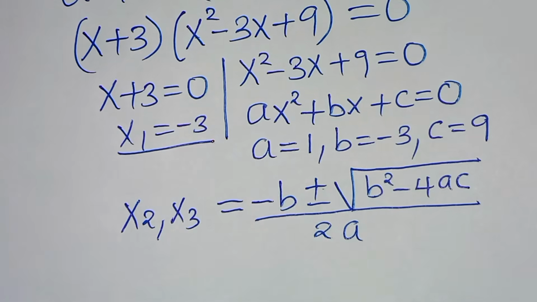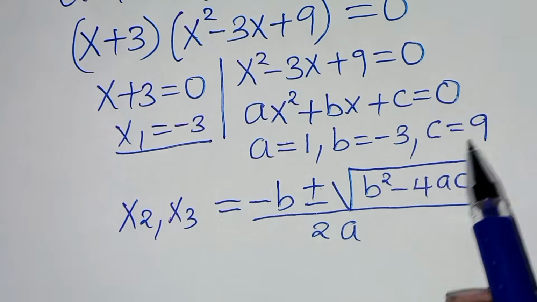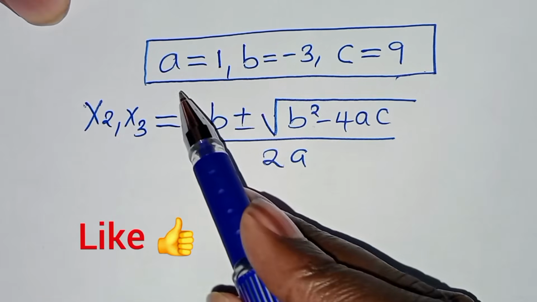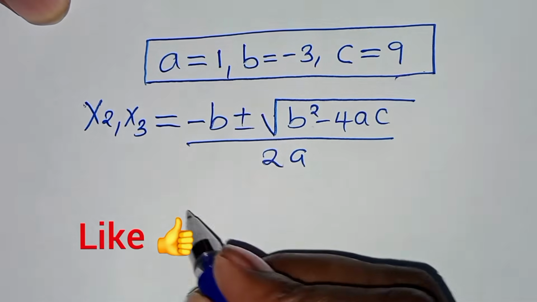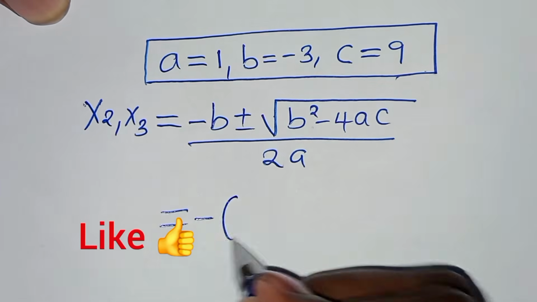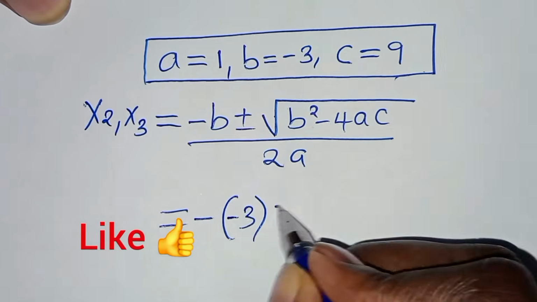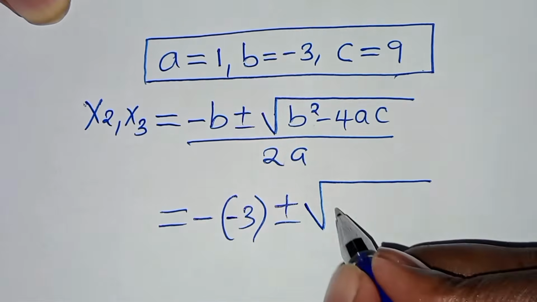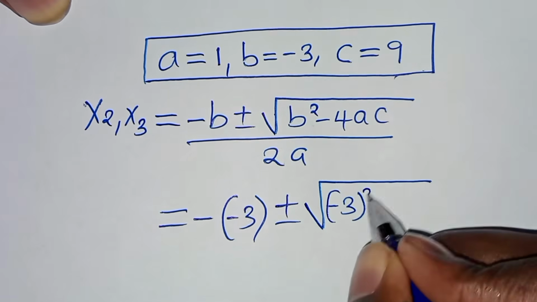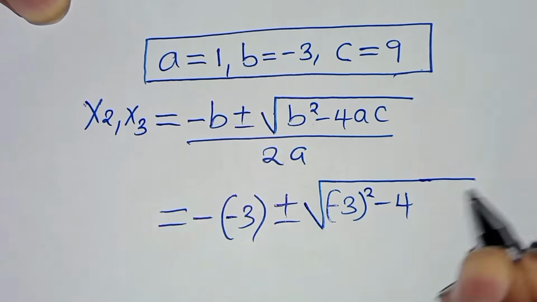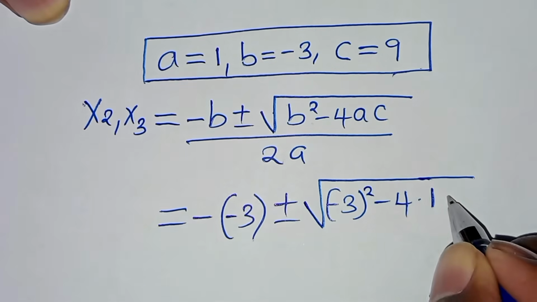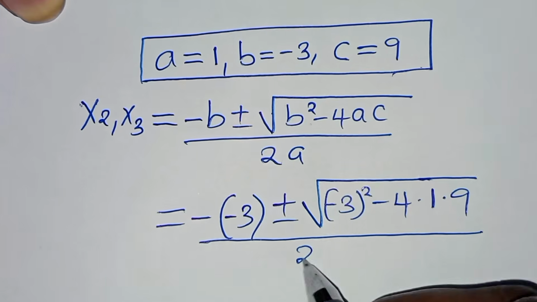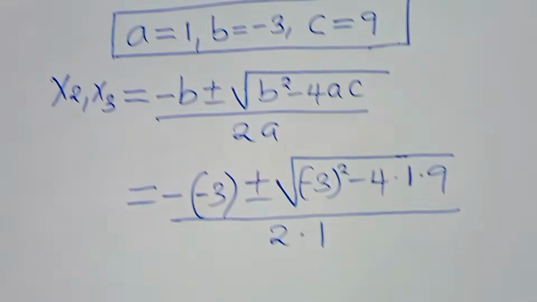So the next step is to substitute the values of a, b, and c. Substituting, we have minus 3 plus or minus the square root of b squared, this is minus 3 squared, subtract 4 times a, which is 1, times c, which is 9, all divided by 2 times 1.